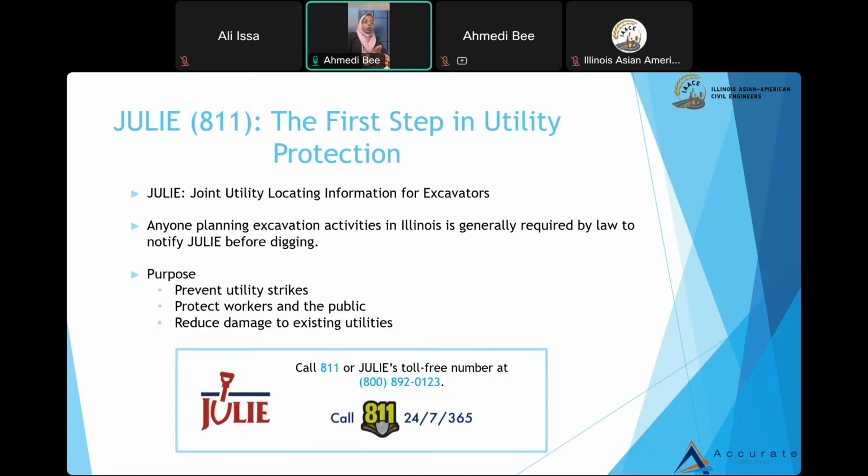It's a utility locating service for excavators. You call them, it's an online ticket, and they give you information about the utilities. The main purpose is to prevent utility strikes, for the safety of the workers and the public out there, and it also reduces damage to existing utilities that we are unaware of during the digging process.